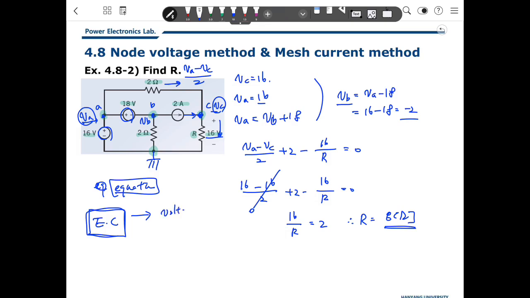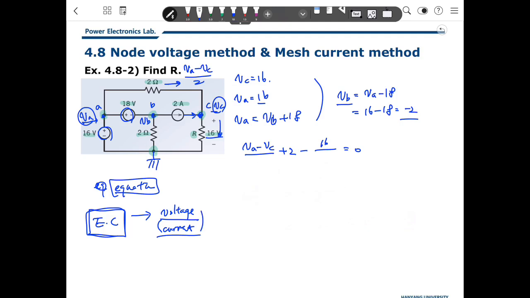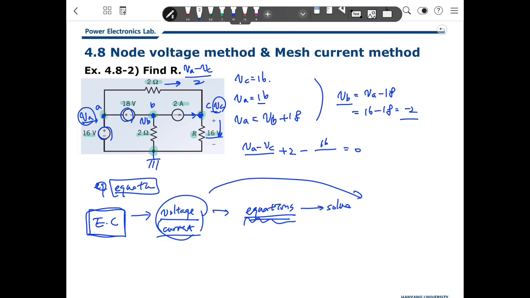That means we need to know about the voltage or current. These are kinds of unknown variables. Then to get the values, we should make equations. Then we solve to get the values. Then we need to know how to make an equation here.